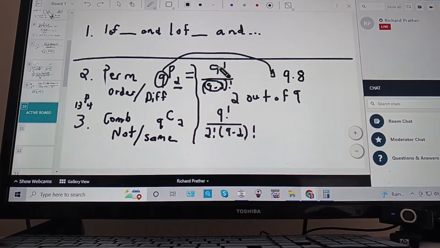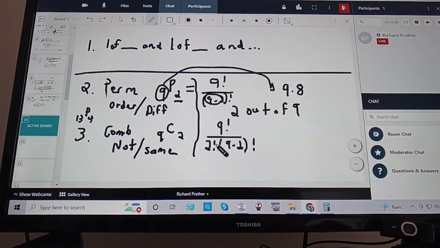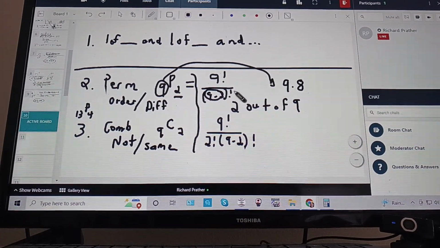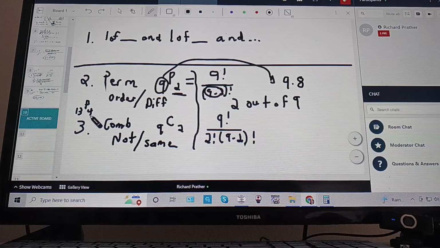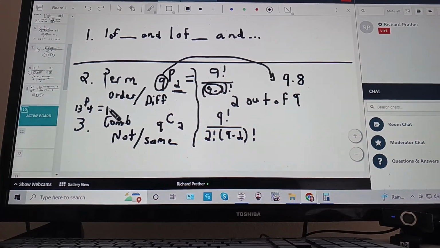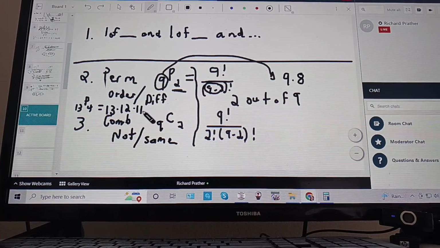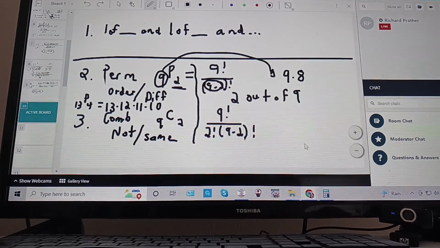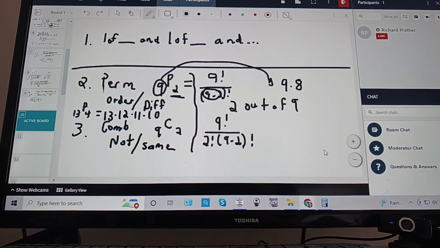And you can calculate these the same way we're doing the last couple of problems, but there's even shortcuts to these. 9 permutation 2, you start at 9 and decrease by 1 until you have 2 numbers. Or 13 permutation 4, you start at 13, you decrease by 1 until you have 4 numbers. So I would stop at 10. That's the easiest way to calculate these without having to do a lot of hand calculations.